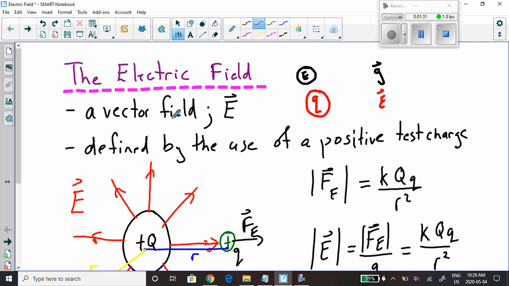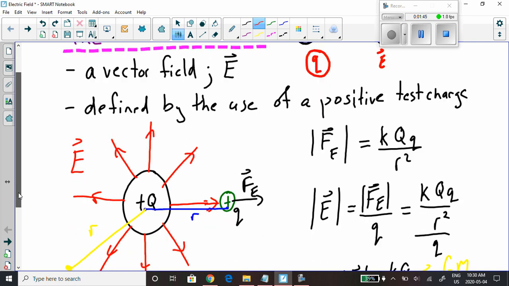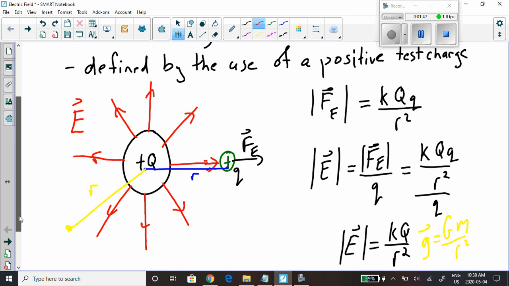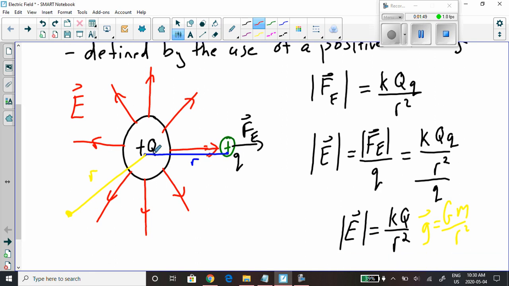Once again, it's a vector field, little vector, wears a hat, okay? And once again, this is defined by the use of a positive test charge. Let me show you that in the picture here. Let's say you've got a charged particle with positive Q coulombs.